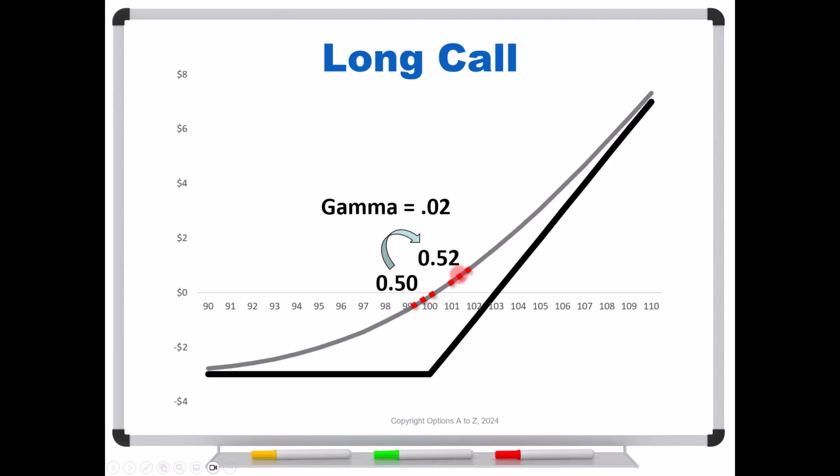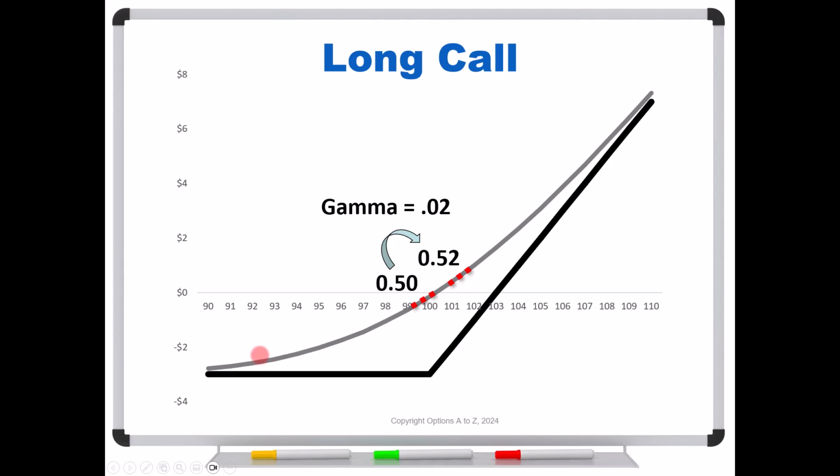If we're at this point first at 52 and we drop down here, we've subtracted 2 deltas. So this is where the insurance policy is coming in. If the stock moves against you, which is to the downside for a long call, notice that the gray line is starting to flatten. It is starting to shed some of those deltas, or in other words, sell some of your shares for you automatically.